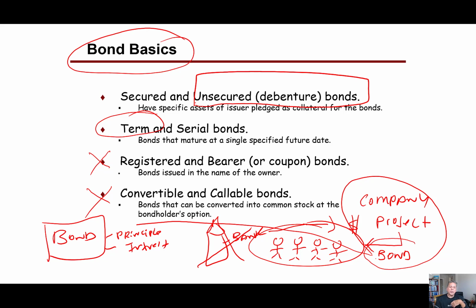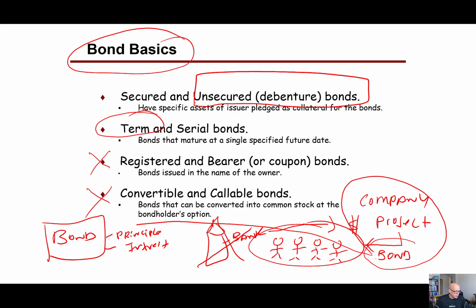So what should the company receive for that bond? What should the investor pay for that bond? And then how will we calculate the interest expense associated with that bond? And then, as I said, if we call that bond early, we'll be talking about calculation of gain or loss if the bond is called before maturity. That's all we're looking at here.